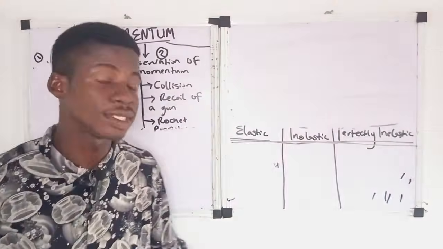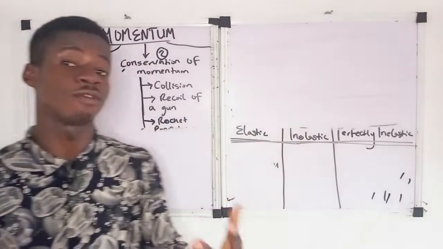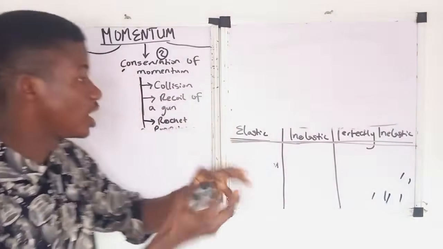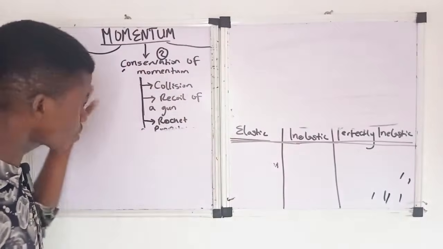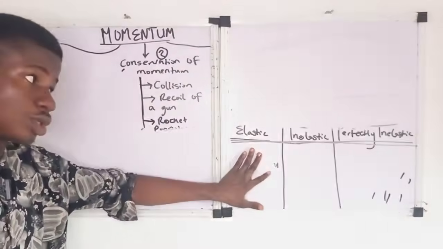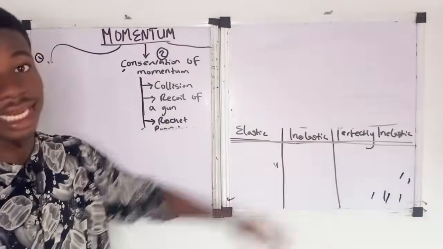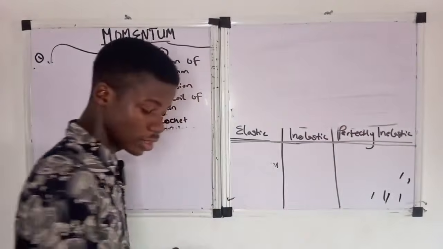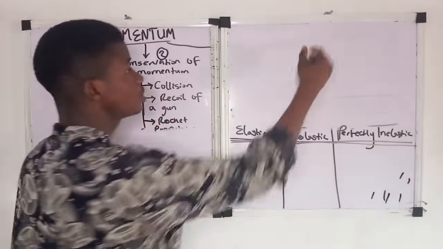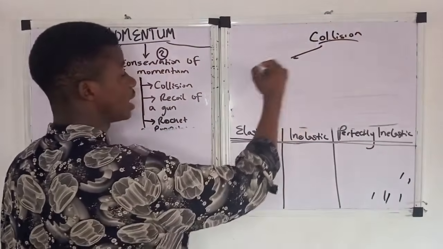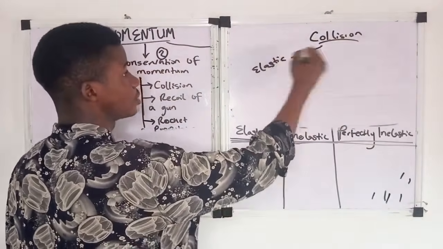You all know the meaning of collision. Collision means dashing, right? Now there are three types of collision. We have one, elastic collision.